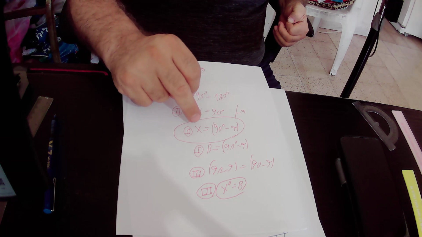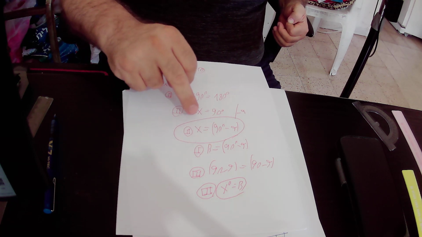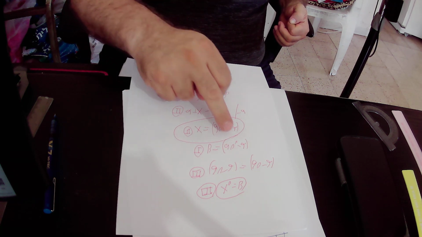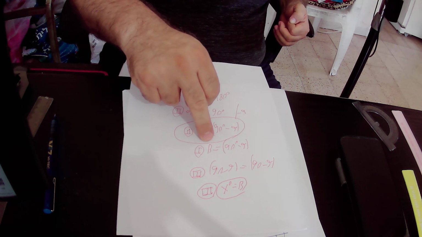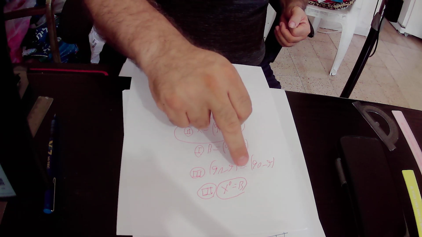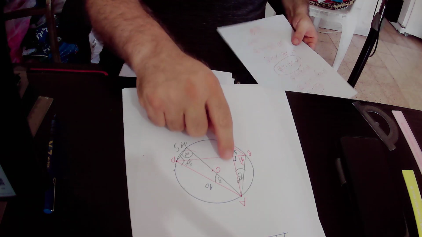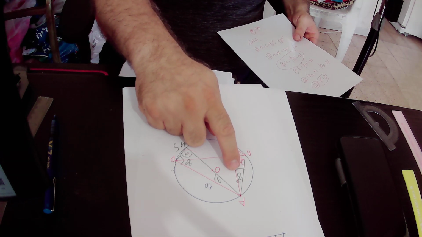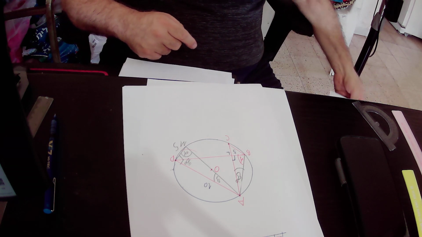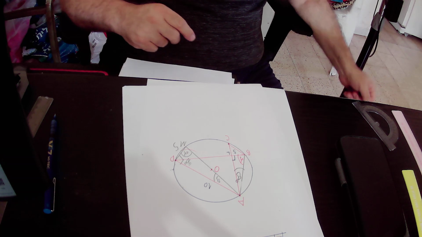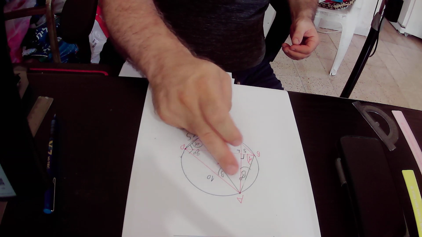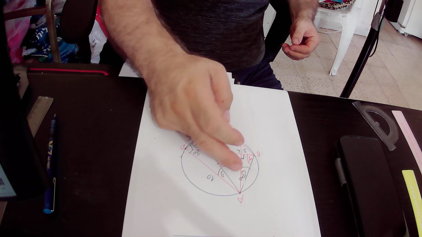We replaced 90 degrees minus alpha by x here, and by beta here, and we came to the conclusion that angle x equals beta. So here, instead of x, I wrote beta. Okay, so actually we have here two angles that both equal beta.